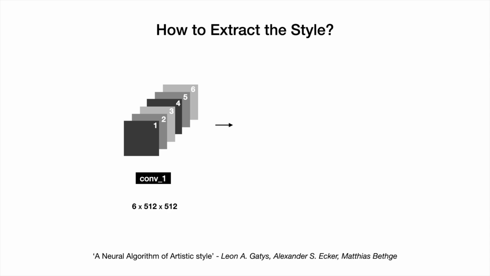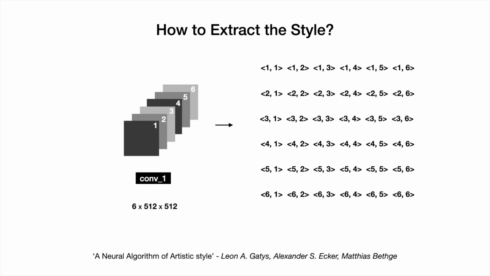To represent the style using these feature maps, we calculate the correlation between each pair of these feature maps. So we calculate the correlation between the first feature map with itself, and then the correlation between the first feature map with the second feature map, and then the correlation between the first feature map with the third feature map, and so on. 6 feature maps have 36 permutations, so we need to calculate 36 correlations.